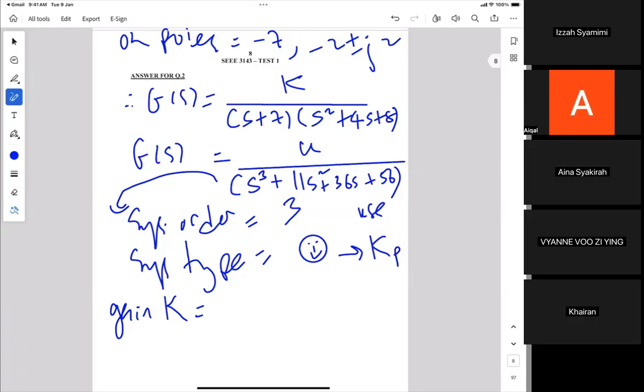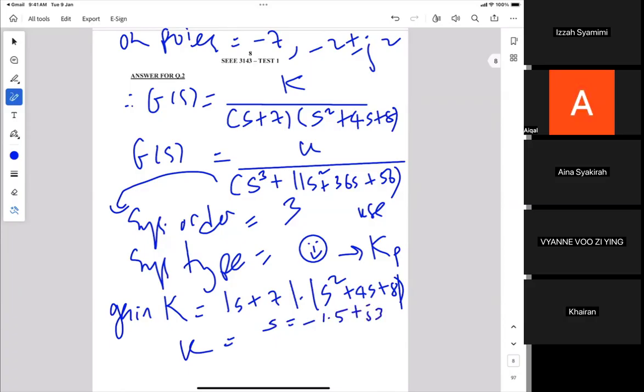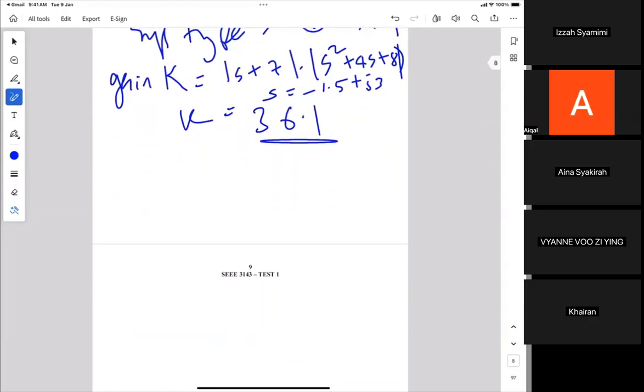Using the magnitude formula, that is s plus 7 multiplied by s square plus 4s plus 8, which is equal to 36.1. So from there, you can calculate the Kp, taking limit s to 0.